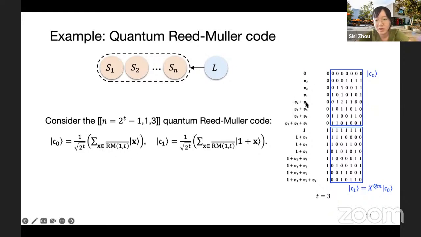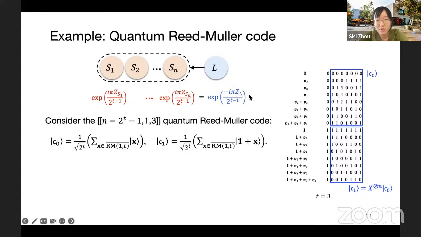For example, here we write down the truth table of all degree 1 Boolean functions. If the first digit is 0, it gives us the computational basis for a logical 0 state. And if the first digit is 1, it gives us the basis for the logical 1 state. This type of code has a very nice property: it has transversal logical gates looking like this.